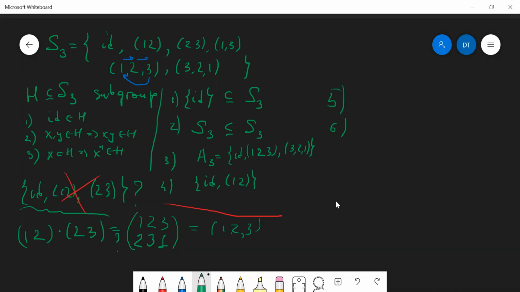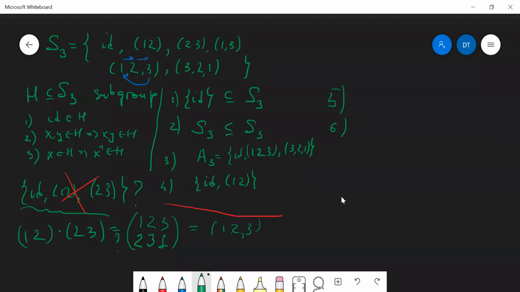The empty set is not a group. Why? Yes, no neutral element. The empty subset is not a subgroup because it doesn't have a neutral element. So it's never true that the empty subset is a subgroup.